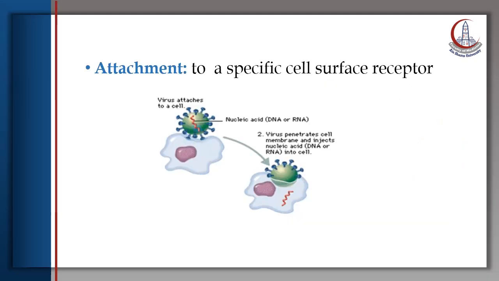In some detail, we will discuss the attachment, which is the first step in the replication cycle. Attachment occurs to a specific host cell receptor. For example, the human immunodeficiency virus attaches to the CD4 molecules on the T lymphocytes.